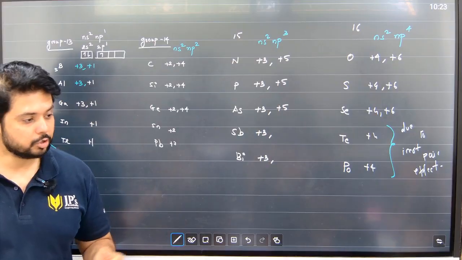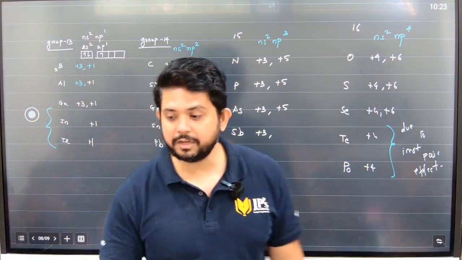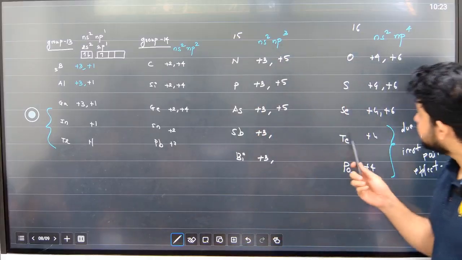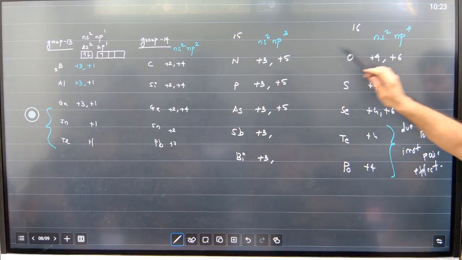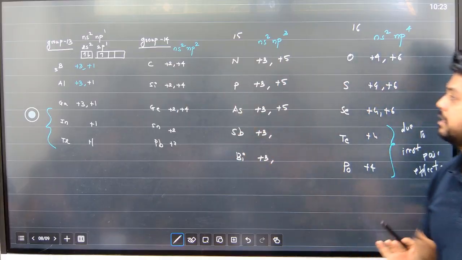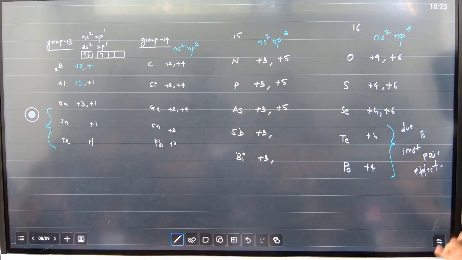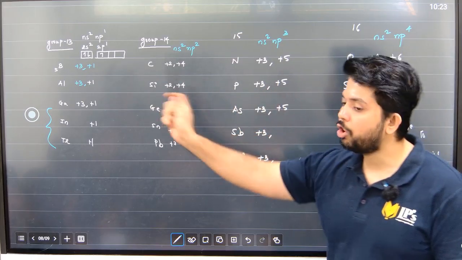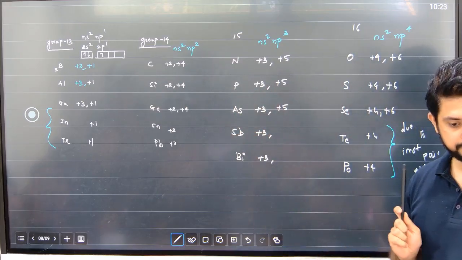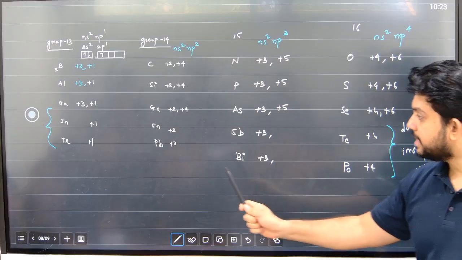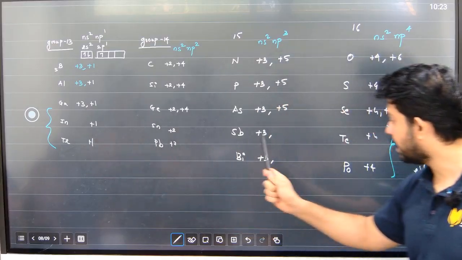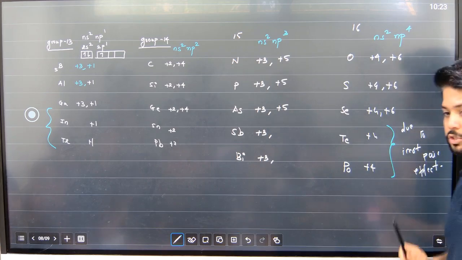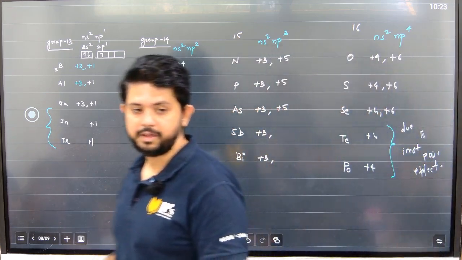I repeat, the electrons in the ns orbital are not available for sharing, and that is the reason सिर्फ इनके जो p के electrons है हम वही electrons donate कर पाते और share कर पाते depending upon the type of bond that we are forming. The ns electrons are not available, and that is the anomaly that we observe in the lower half of the periodic table, and this is due to inert pair effect.